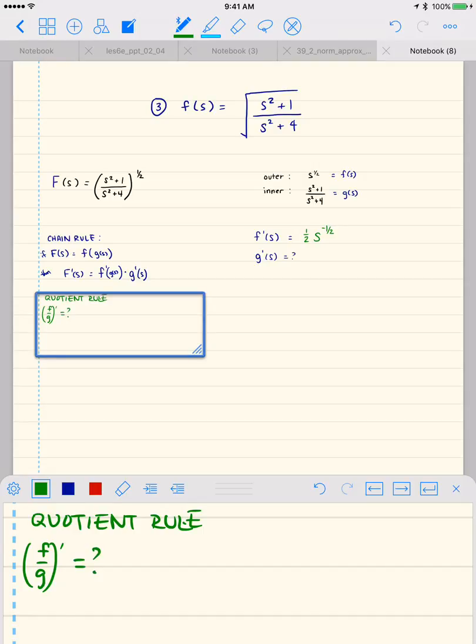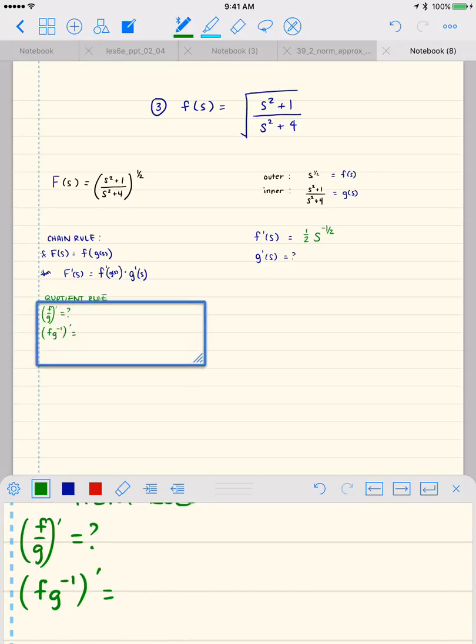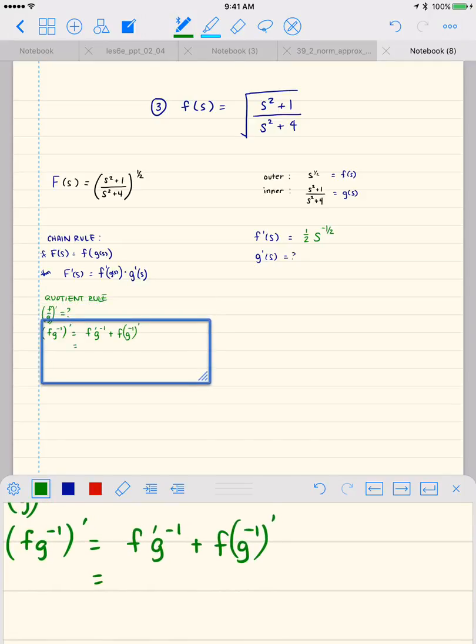I'm actually going to write this as f g to the negative 1 prime, which is going to give me f prime g to the negative 1 plus f times g to the negative 1 prime, right? So I'm using the product rule there.